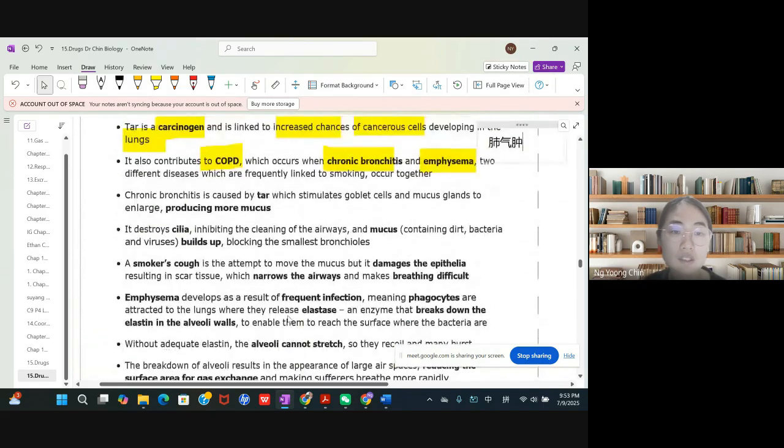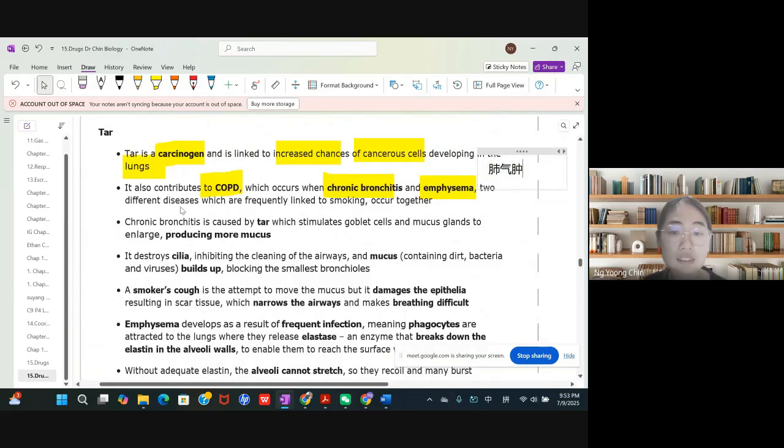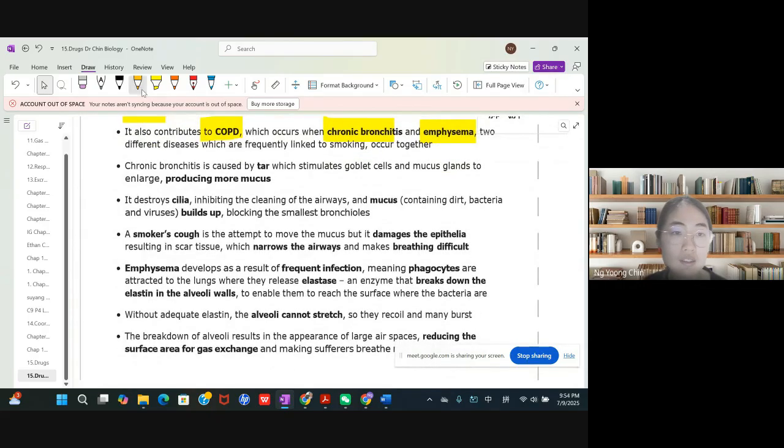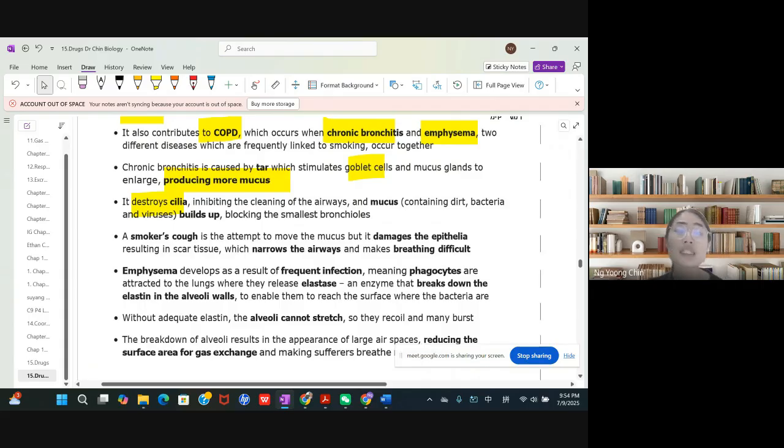So what does tar do? Tar is a chemical, so it will irritate the respiratory lining. The respiratory lining has goblet cells, which will secrete more mucus. Then tar is able to destroy the cilia. What is the function of cilia?